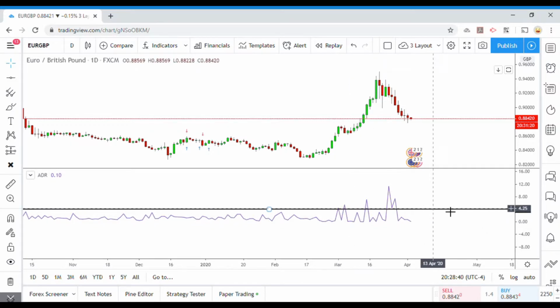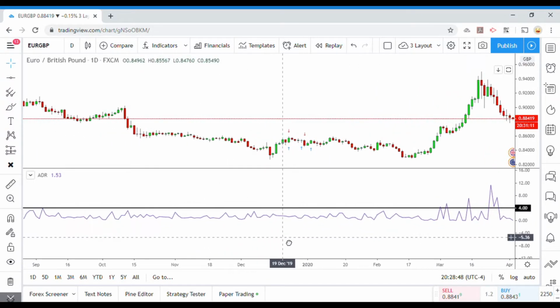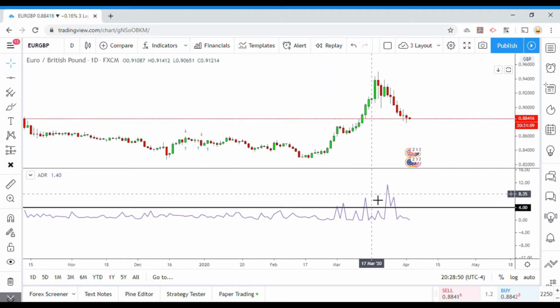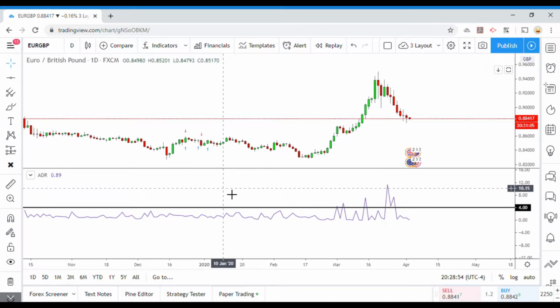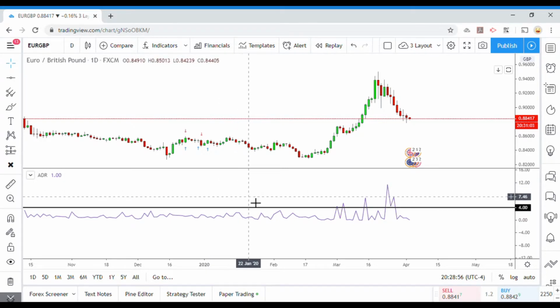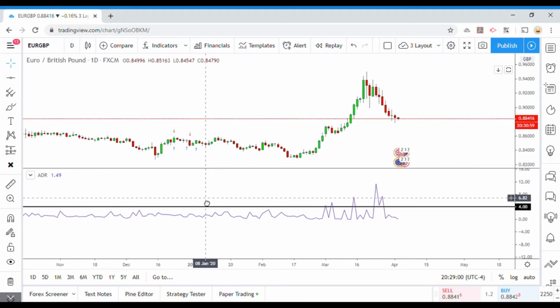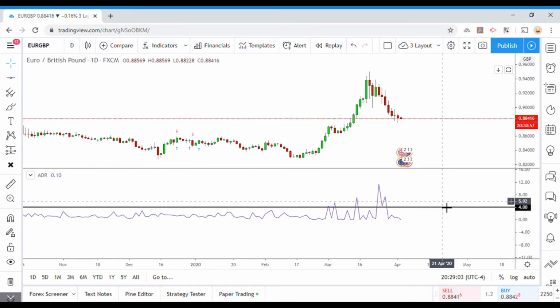But as you can see here, we've set a line at 4. So sometimes crossing a line, either up or down, that we've created will give us a signal. Whether it's an exit signal, whether it's a volatility change, whether it's an entry signal, whatever it may be.